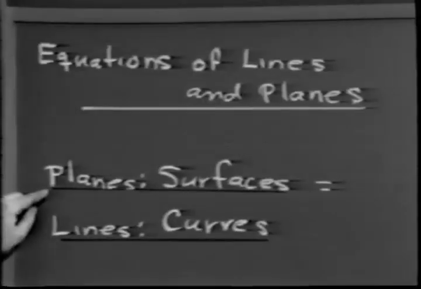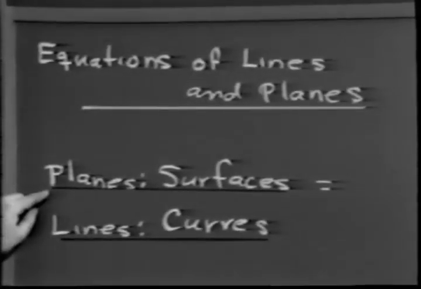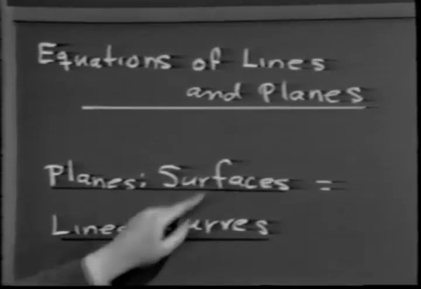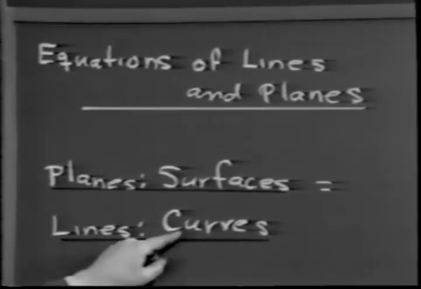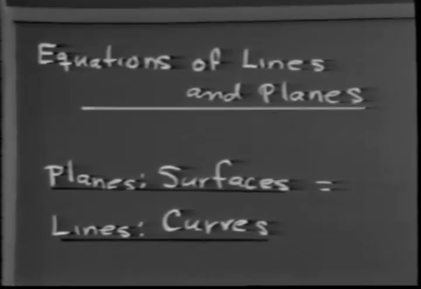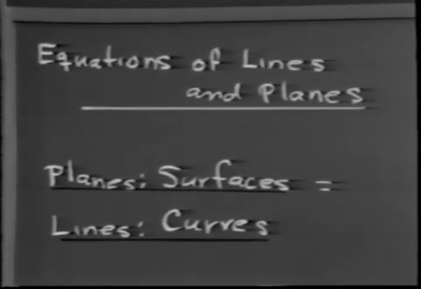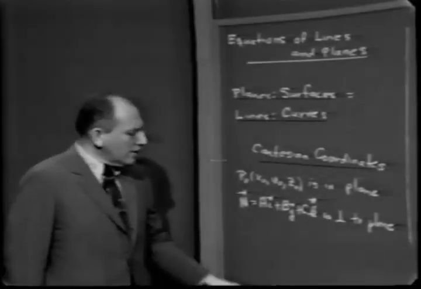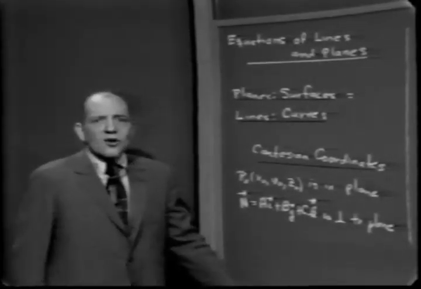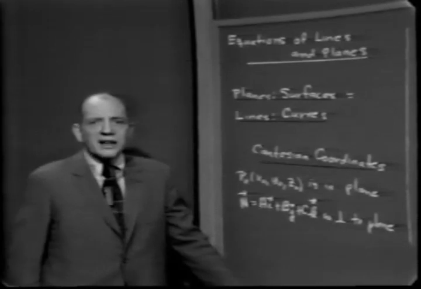And to refresh what I just said before, the little ratio: planes are to surfaces what lines are to curves. That we can approximate curves by tangent lines, we can approximate smooth surfaces by tangent planes. Now, what we would like to do is go back to Cartesian coordinates and find the equation of a plane.